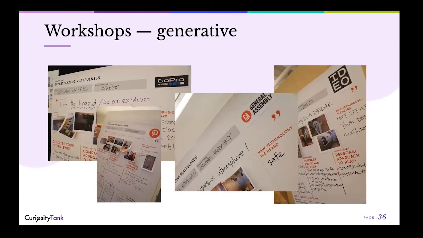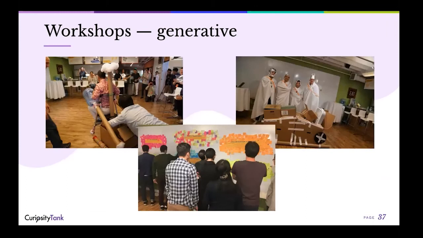Then we sent them out into the field, into Bay Area companies that had super creative and innovative workspaces. They interviewed a designer there, went out to lunch with a designer there, and did a few activities to then bring back. We also incorporated a lot of role playing. We incorporated a lot of hands-on making.